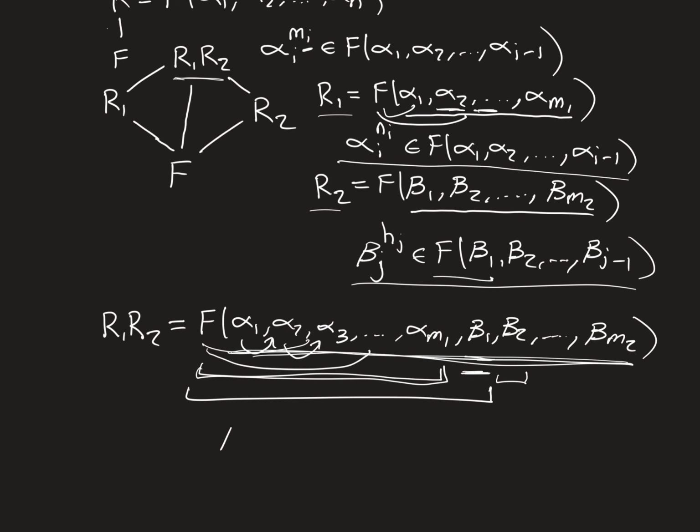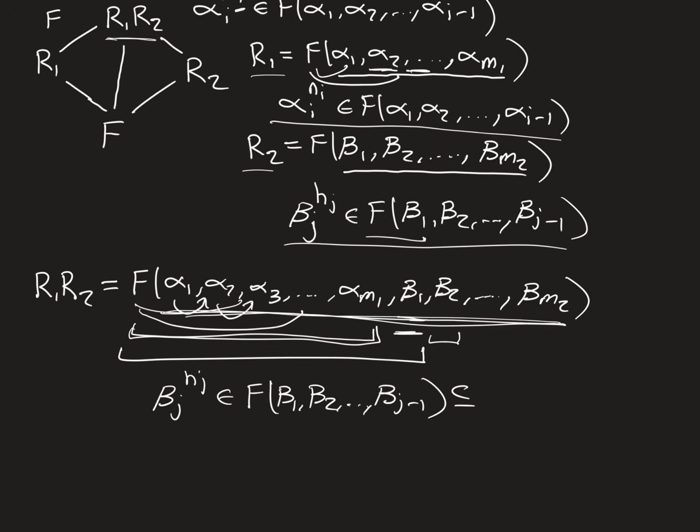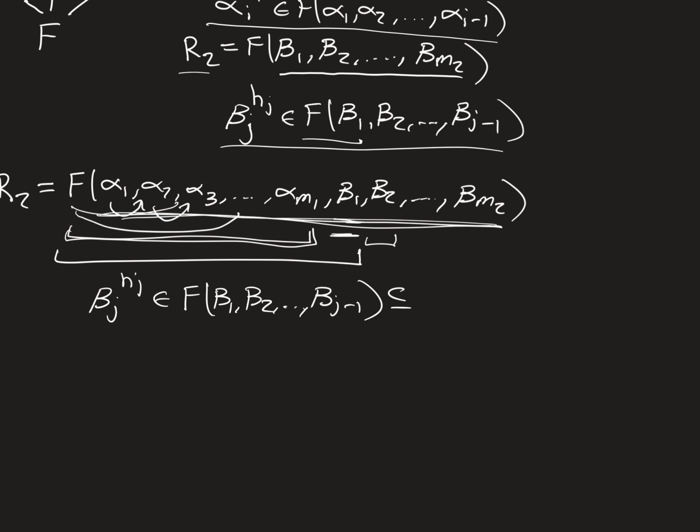So we can write this out. We can say beta j to the power of hj being inside f adjoin beta 1, beta 2, all the way up to beta j minus 1, well, this is contained inside this larger field, which is f adjoin alpha 1, alpha 2, all the way up to, and then we'll have beta 1, all the way up to beta j minus 1.